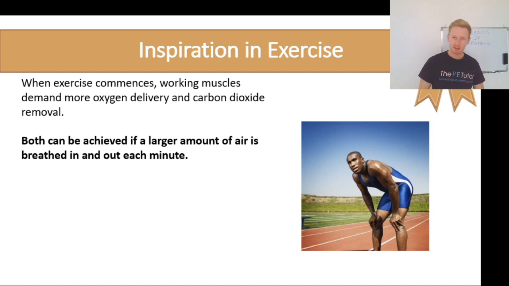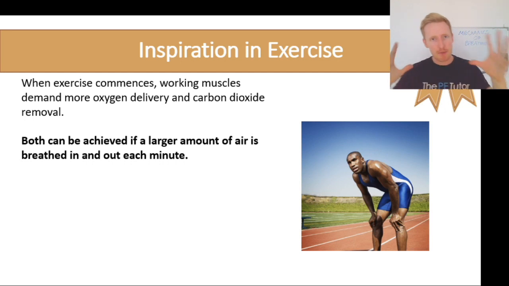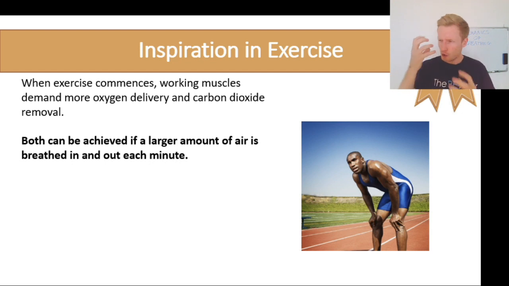When we start to exercise, obviously, the more muscles we begin to use, be it our quadriceps, our gastrocnemius, biceps, our latissimus dorsi, whenever muscles are working, they're going to be demanding more oxygen. How do we get oxygen to the muscles? Well, we need, first of all, to increase our breathing rate.